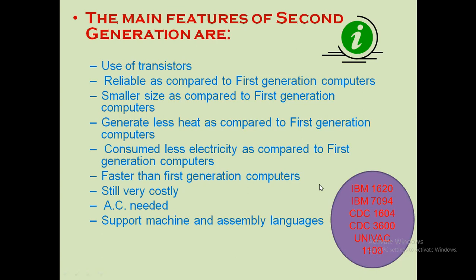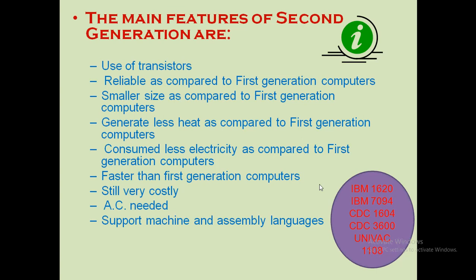They generate less heat, consume less electricity, and they are faster, but the cost is still very high. They also need an air conditioner to cool them, and they support a new language known as assembly language. So assembly language was developed in the second generation. They support both machine and assembly language now.